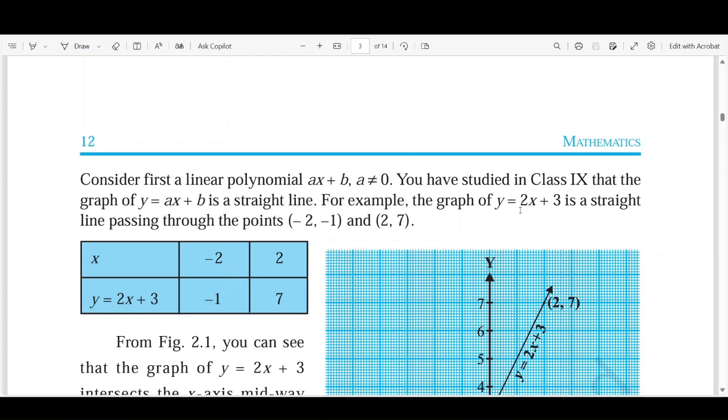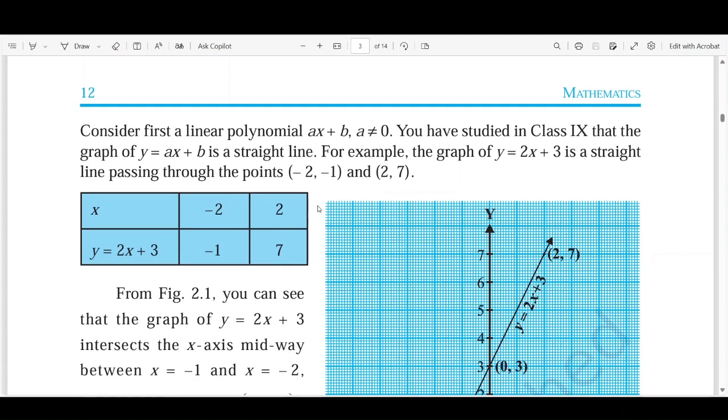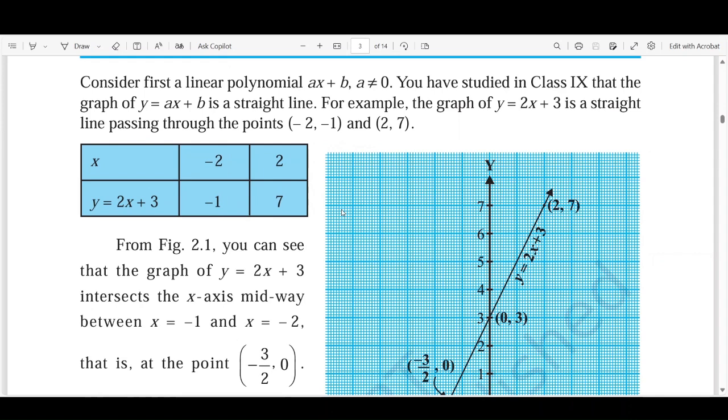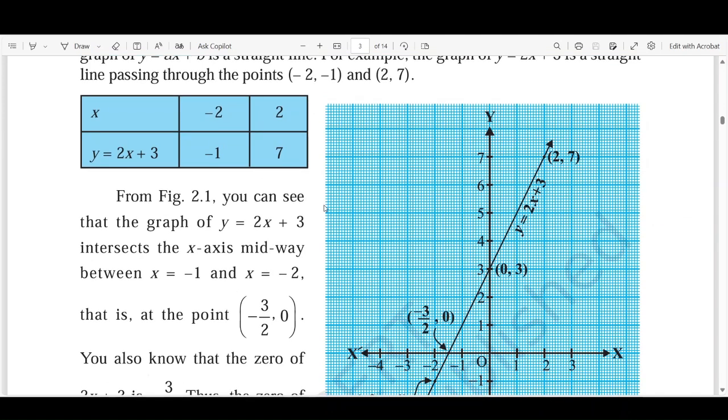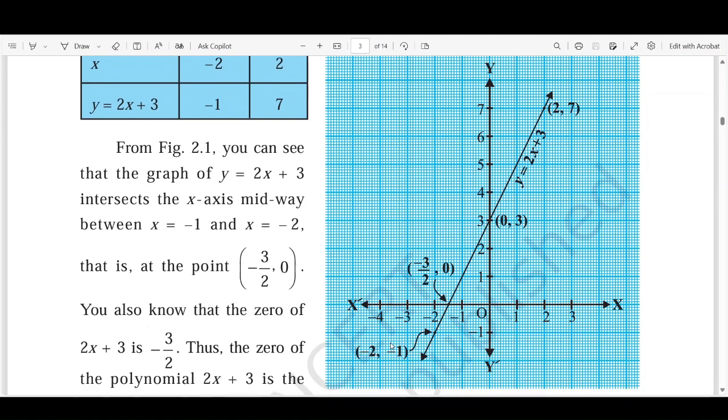You can randomly pick any value for x, substitute in this expression, and obtain the corresponding y value. If you plot those 2 points on the graph, minus 2 comma minus 1 will be here, and 2 comma 7 will be here. These 2 points lie on the straight line y equal to 2x plus 3.